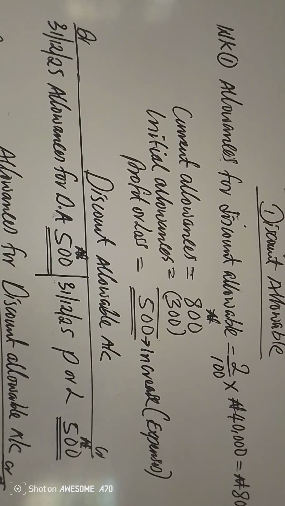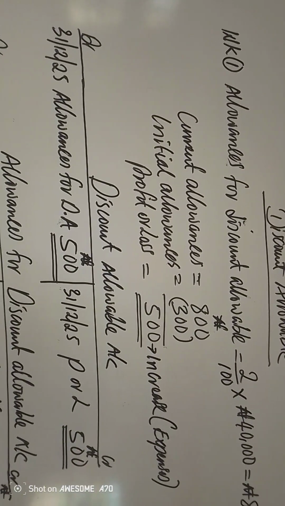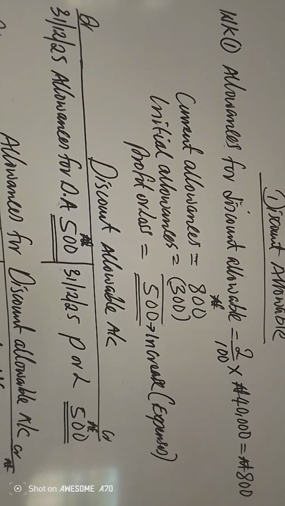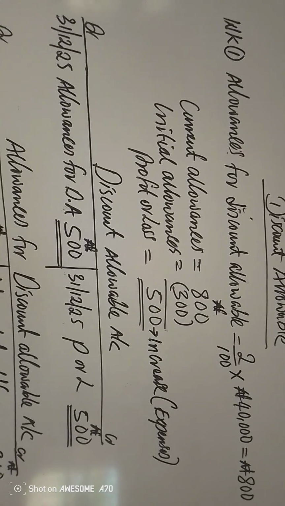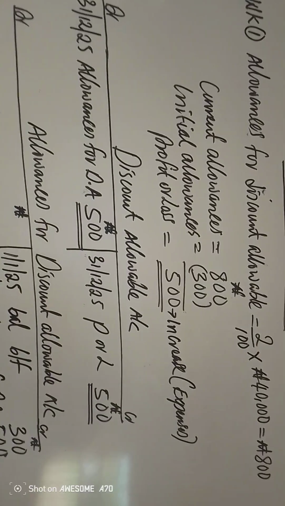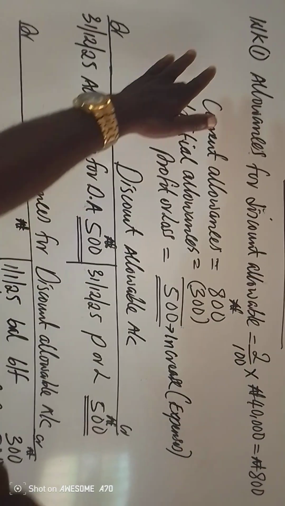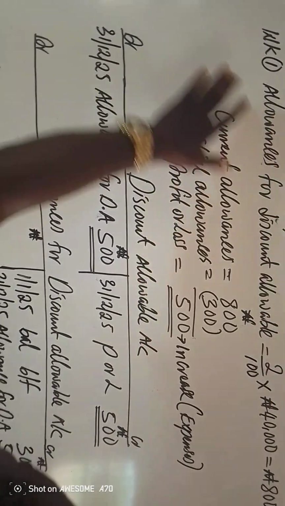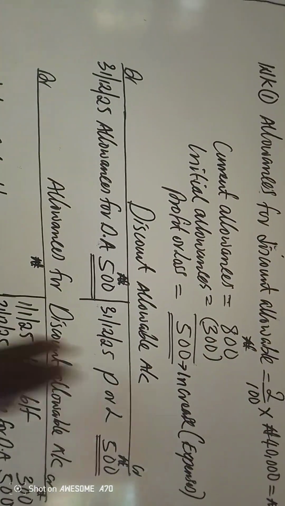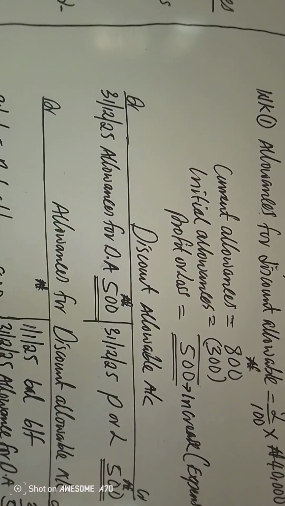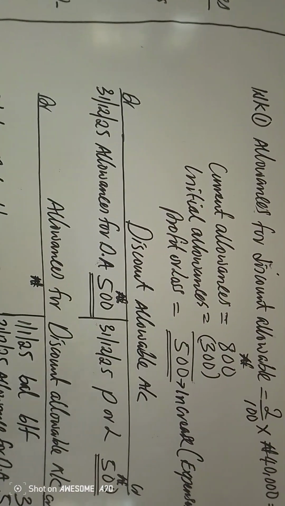So in a case where we have two allowances, the one given in the trial balance, the previous one, and the one in the current year, you have to match them together to see the difference, just like what happened in allowances for expected credit losses. So here, first we take the current year, which is calculated, and you got 800, and then the initial one that is given in the trial balance during the year, there is 300.